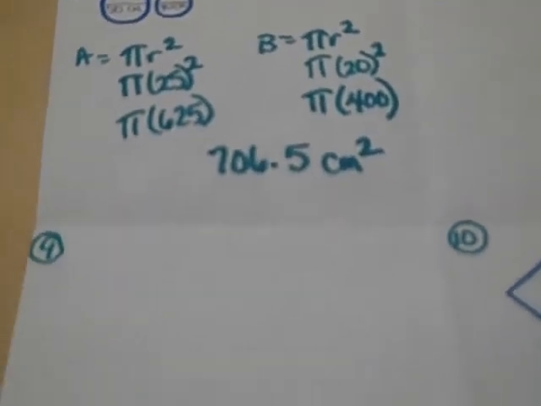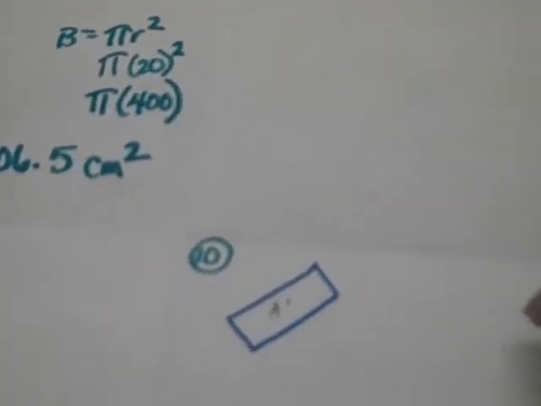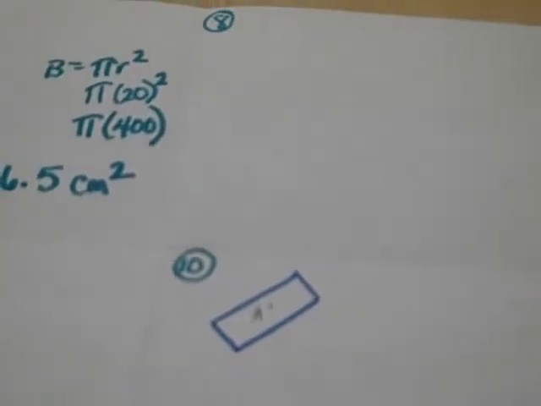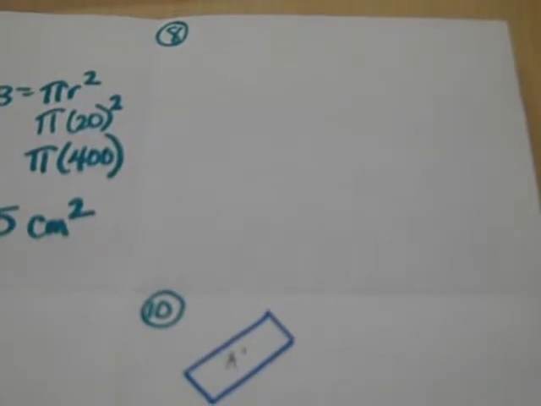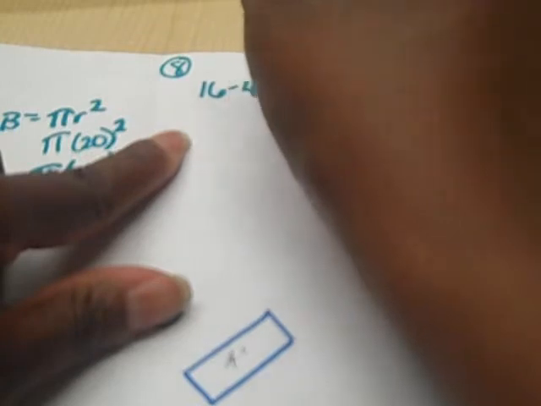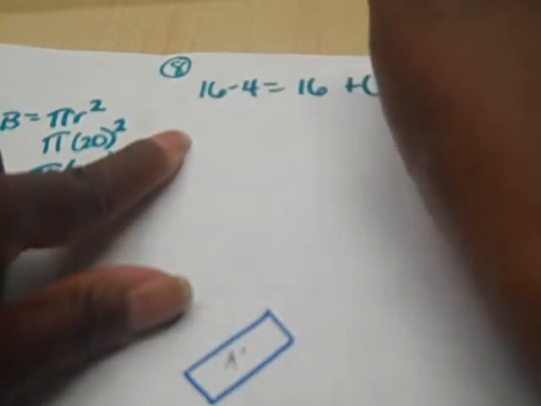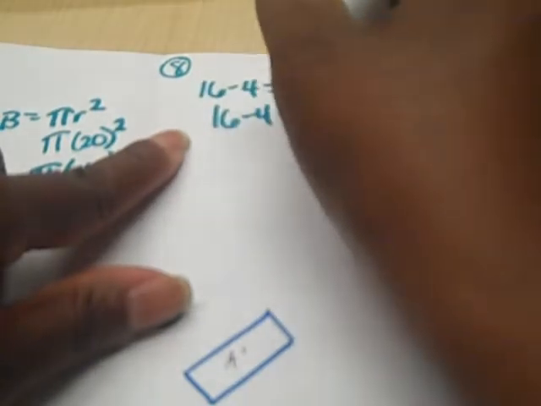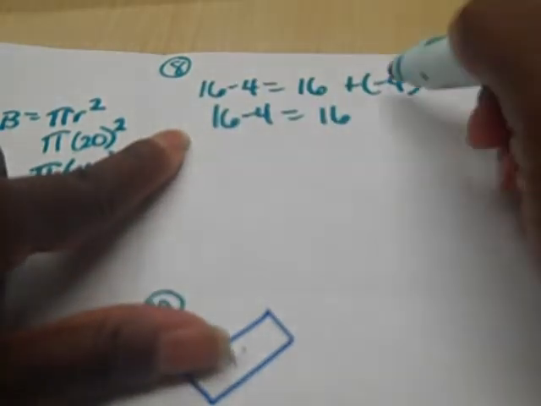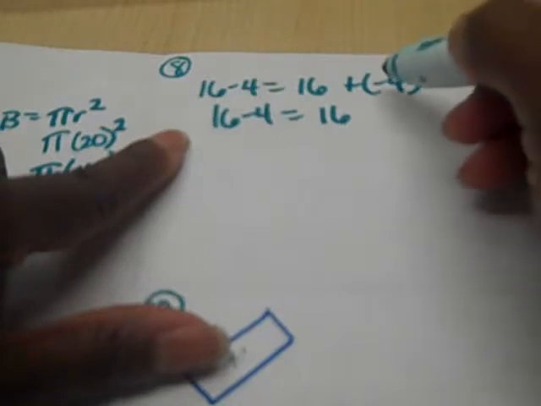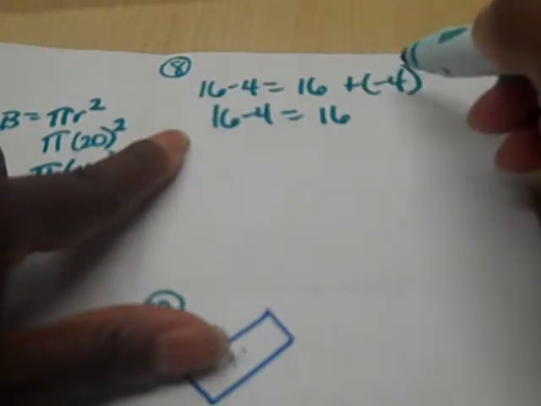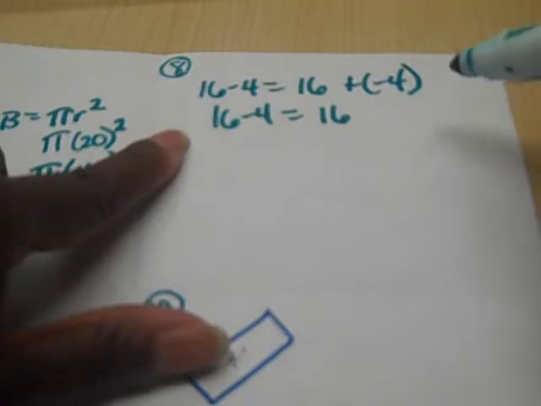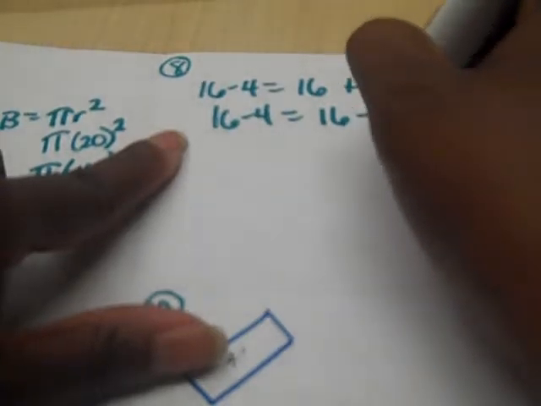Okay, problem 8. Is this equation true? The equation is 16 minus 4 equals 16 plus negative 4. 16 minus 4 is equivalent to 16 plus a positive 1 times negative 4, which is negative 4.